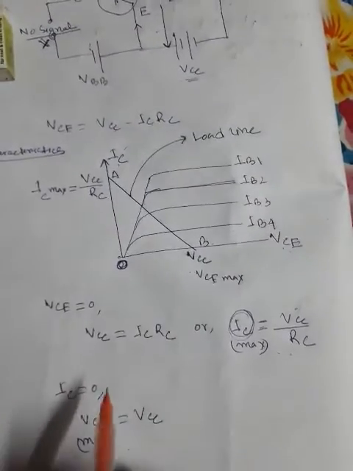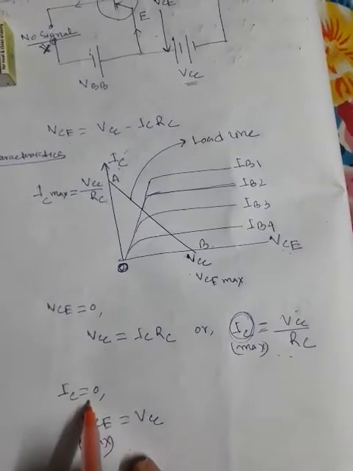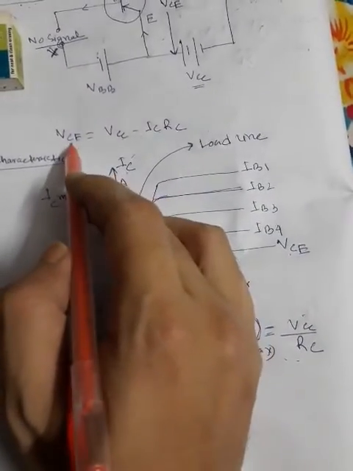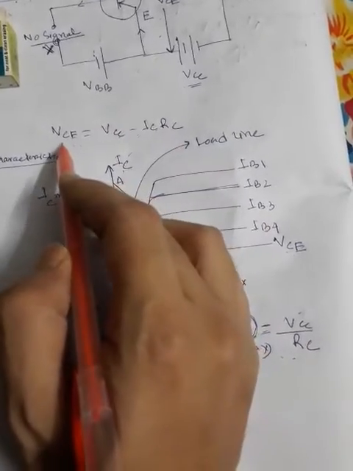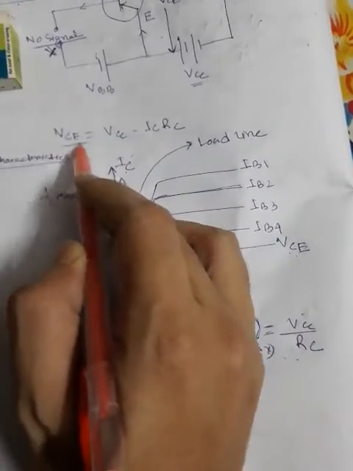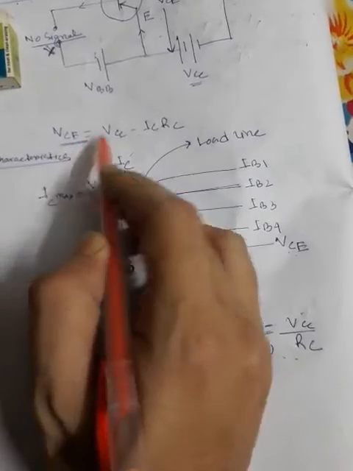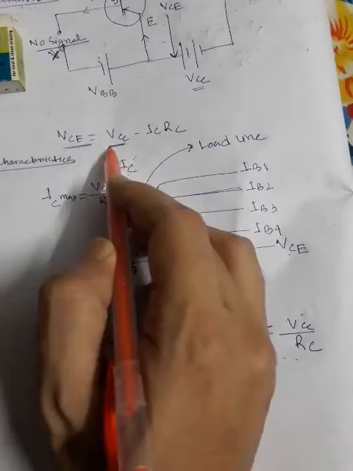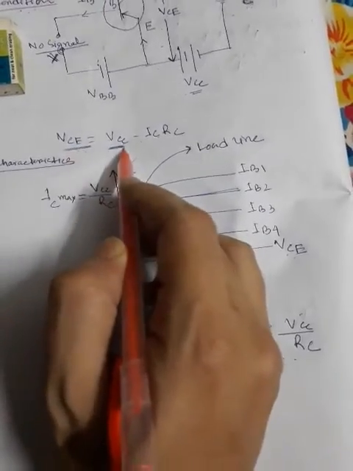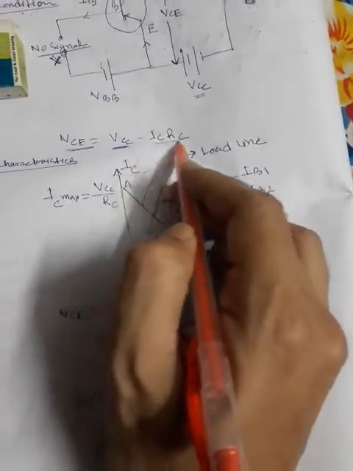Now if we put IC equal to 0, in this equation again VCE equals VCC minus IC into RC. In order to obtain the maximum value for VCE, that is equal to VCC, this portion should be equal to 0.